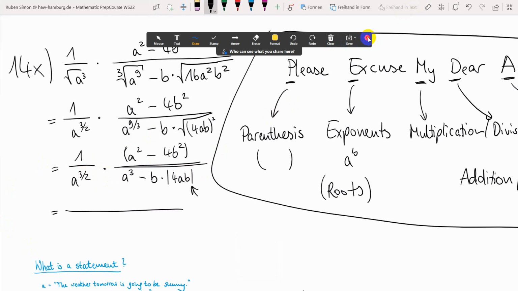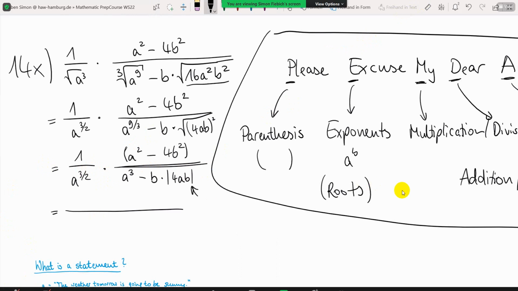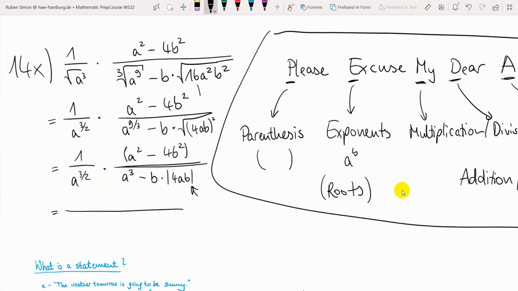Because actually we started with this term, which was 16 times a squared times b squared, and 16 of course is positive, this is positive, and this is positive. So actually there's no reason why there should be a negative number in the radicand, and that's why I think we can skip the modulus operation at this point. But I'm not sure about it at this time.